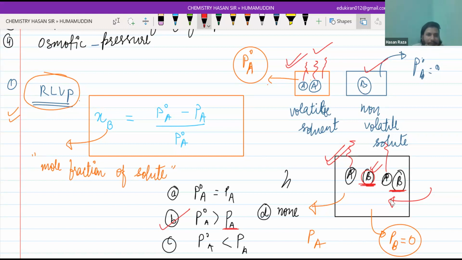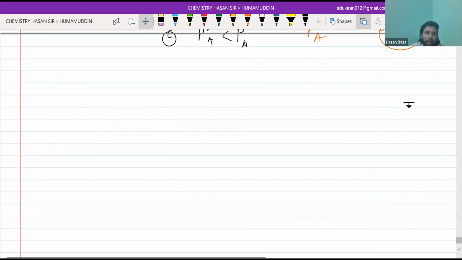So what I want to say is that after mixing non-volatile solute, the vapor pressure decreases. It is not easily vaporized or evaporating. That means the force of attraction increases and hence the boiling point increases. So the next topic is elevation in boiling point.